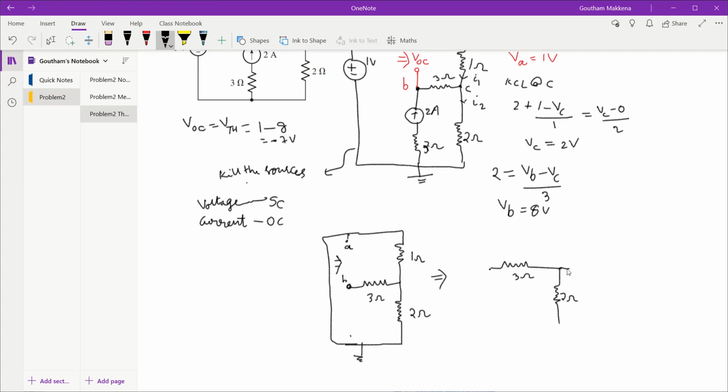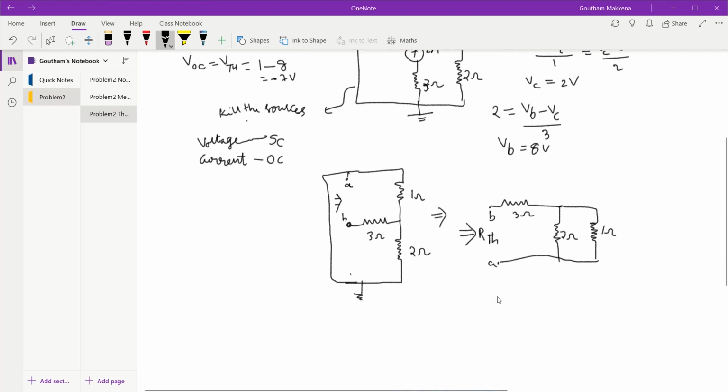So I can simply redraw the 1 ohm as one terminal at this junction and the other terminal connected to ground via the short circuit. So this is nothing but 1 ohm. These are my two terminals now, B and this is A. I have to find out the RTH looking through these two terminals A and B.